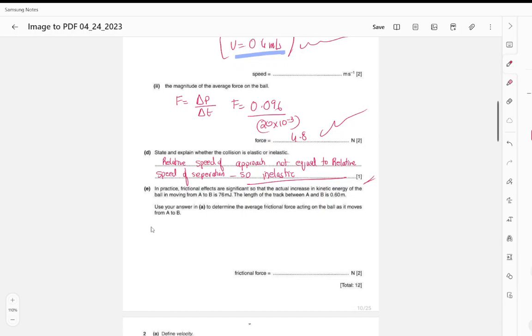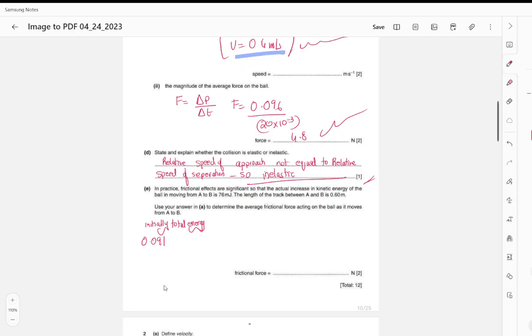So initially, I want to find the loss in energy. Initially, total energy must be equal to 0.090091, I guess.